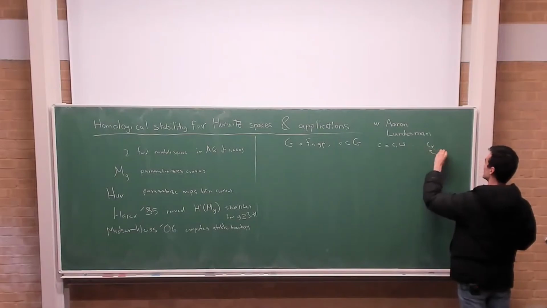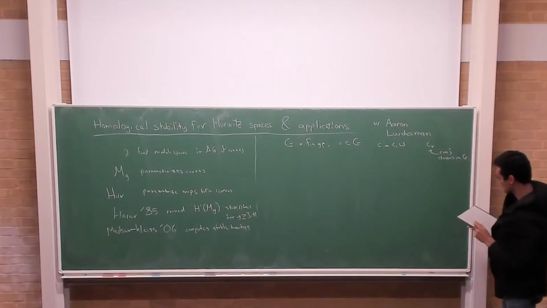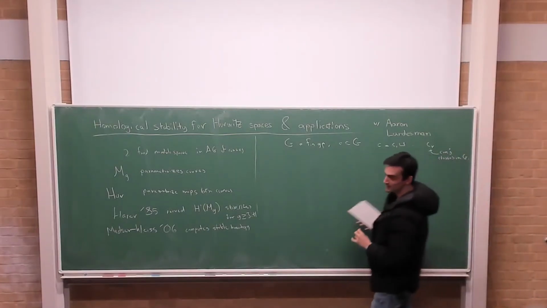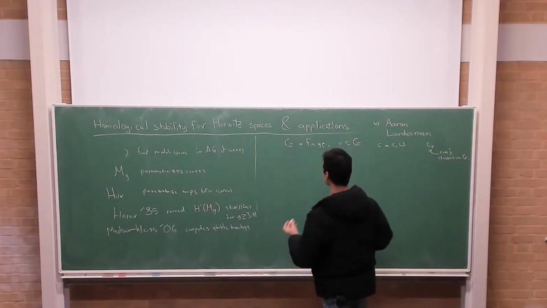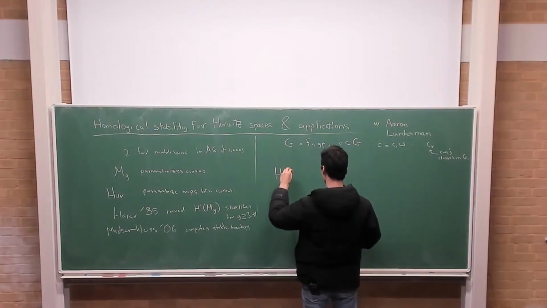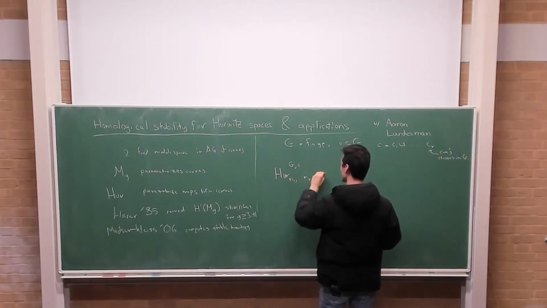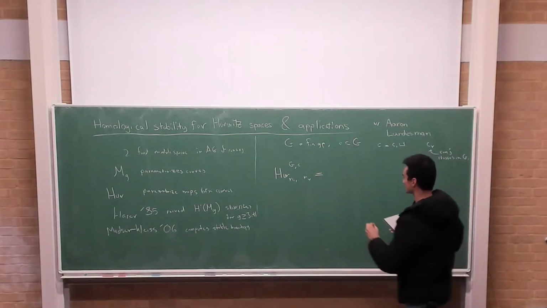These are conjugacy classes in G. Now, given this data, there are Hurwitz spaces associated to it. You can look at Hur_{G,C}, and then there are some numbers, n_1 to n_v. And this is the following moduli space.